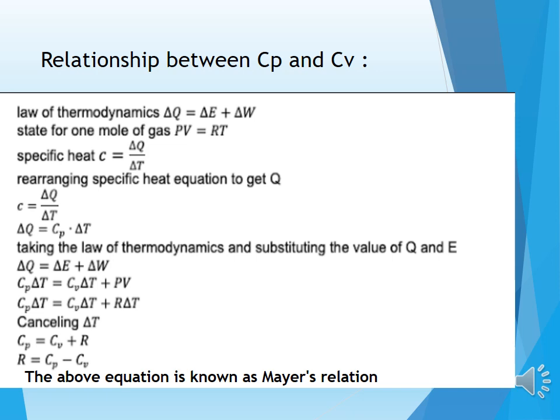Finally we get Cp equal to Cv plus R. Rearranging the equation, we get R equal to Cp minus Cv. This equation is known as Mayer's relation. Here the value of R is 8.31 Joule per mole per Kelvin, where R is the universal gas constant.